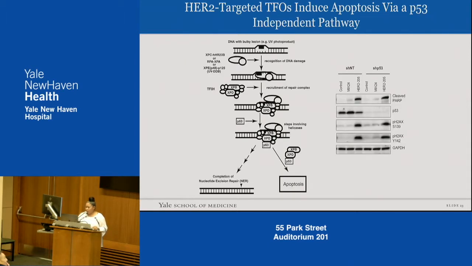So we went on to further confirm that if we knocked down p53, we still have apoptosis, we still have serine 139 phosphorylation, meaning that we still have DNA damage, and we still have phosphorylation of tyrosine 142. This would suggest that we have been able to utilize a novel mechanism of action to induce DNA damage and an apoptotic event that's specific for cancers that are characterized by gene amplification.